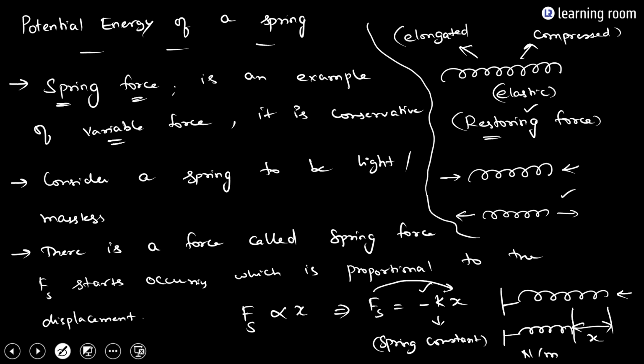Compress the spring. When you compress it, the spring force will act in the opposite direction. When you elongate it, spring force will act in the opposite direction. So whether you compress or elongate, the spring force is always opposite to the external force. That is why that minus is there. And K has no sign. Are you able to understand?